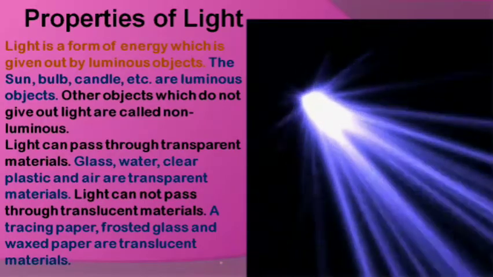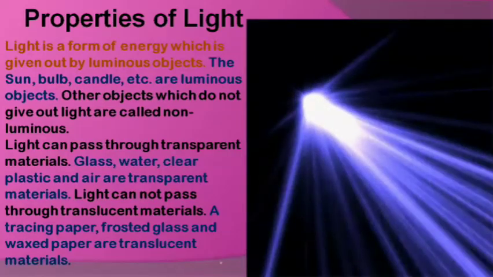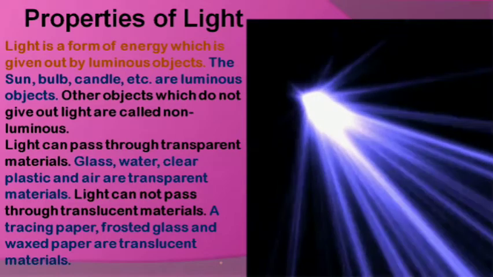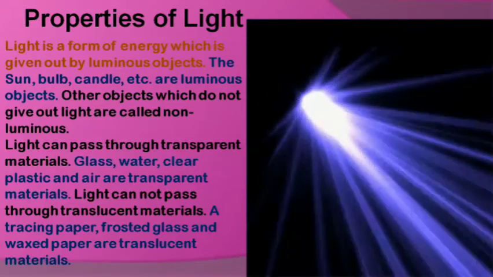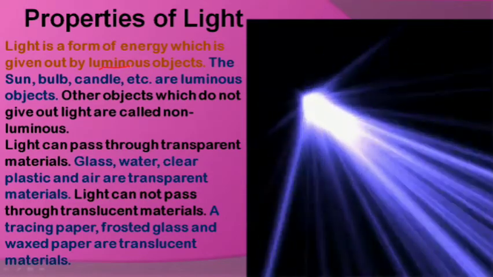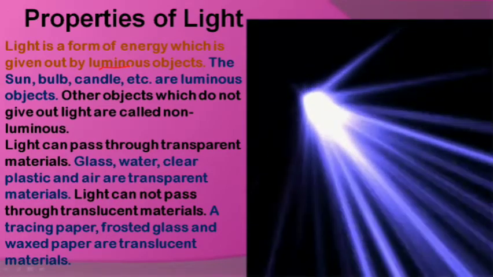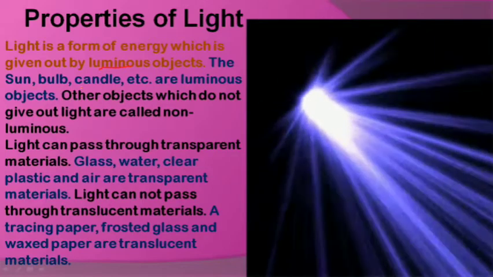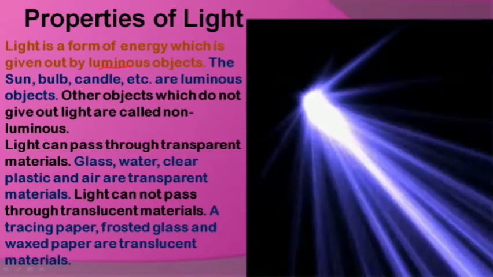So today we will see some properties of light. We know that light is a form of energy, and it is given out by luminous objects. Luminous means shining objects, like the objects which give off their own light. For example, there is the sun, there is a bulb, there is a candle. So these are all luminous objects.